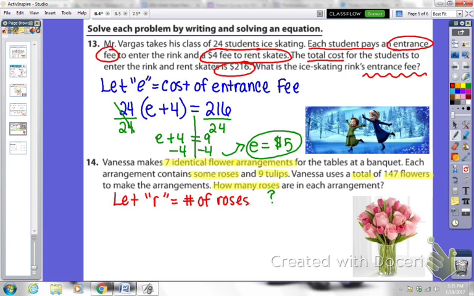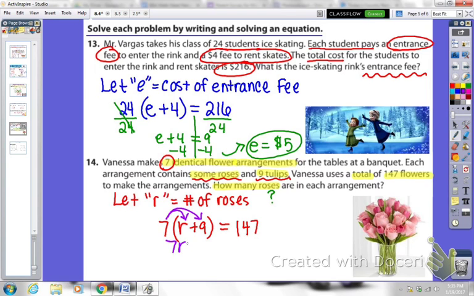So I know each bouquet contains some roses and 9 tulips. So that's R plus 9. I'm going to group that, and I want 7 of them, and my total was 147. So I can show you using method 2, just to go back and forth. Depending on which method you like, you can choose.